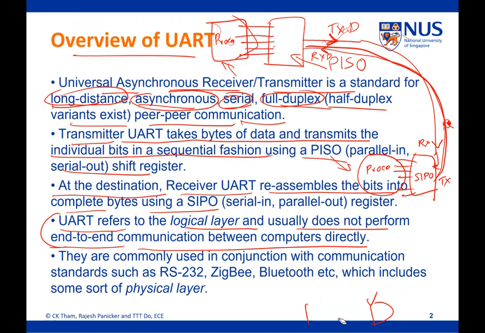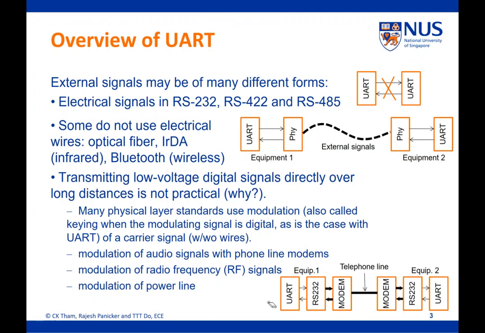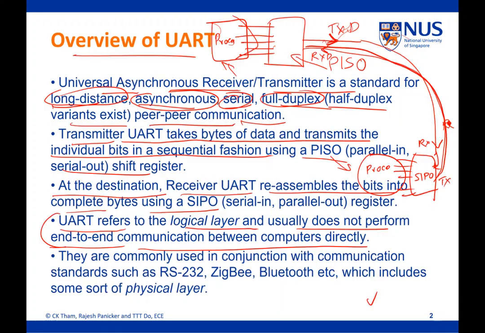Whereas UART is usually not meant for direct communication between devices. So the two UARTs on the two sides do not generally talk to each other directly, because UART only specifies the logical layer of communication. What do you mean by logical layer?